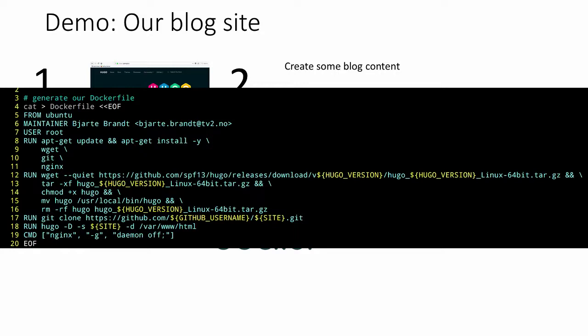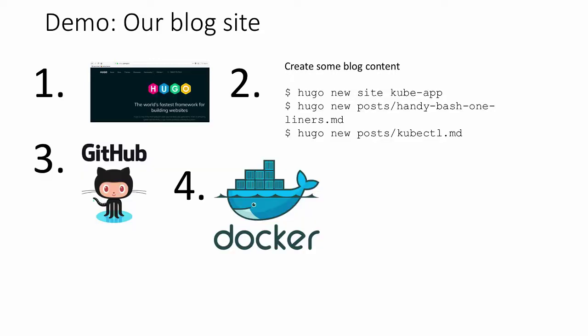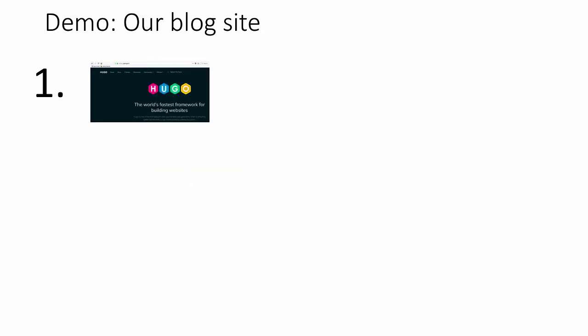Might mention what Hugo is, if you didn't already. Hugo is the world's fastest framework for building websites. But it's a static framework, for building static sites. You know, there are no moving parts here. No database connection, nothing.